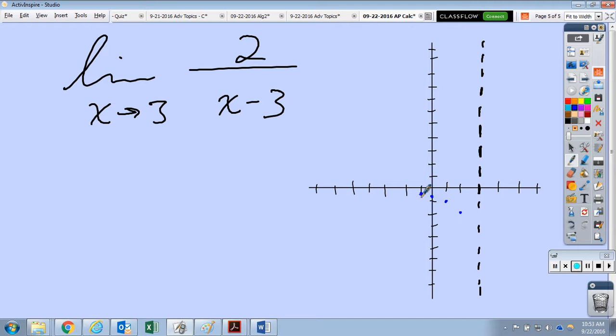Is there a horizontal asymptote? Yeah, it would be 0, because this is degree 0, this is degree 1. The degree is higher in the denominator, so it's getting way larger. To find the horizontal asymptote of a function, you look at end behavior. You let x approach plus or minus infinity and see what happens.